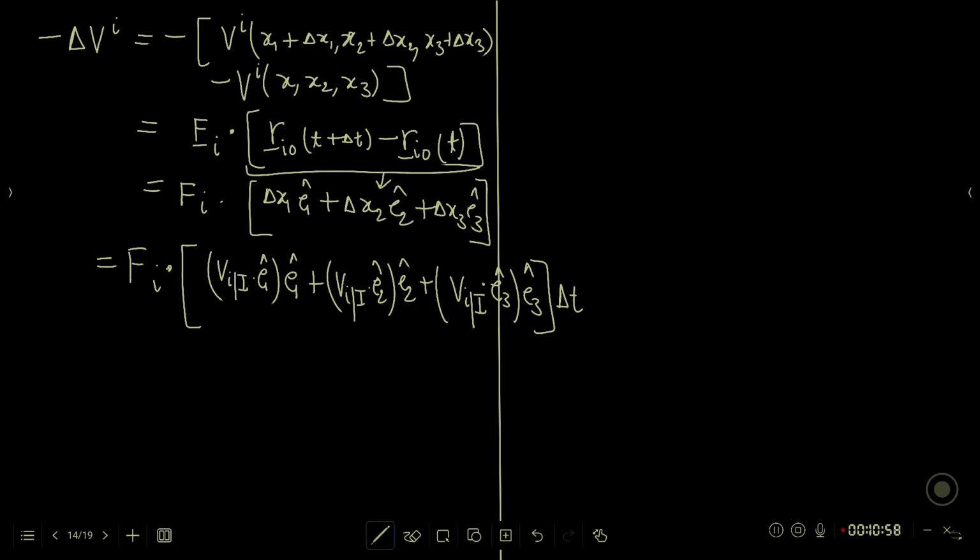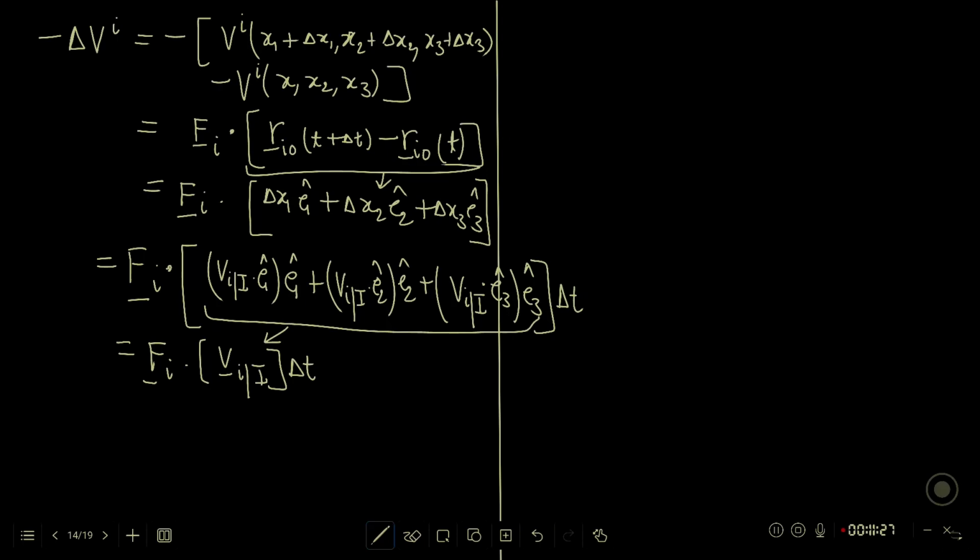Now this expression is nothing but Vi itself. This is Vi. The whole full vector within square brackets, what I have is the full vector Vii.